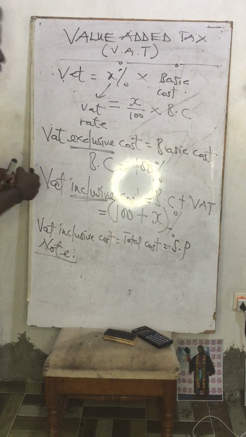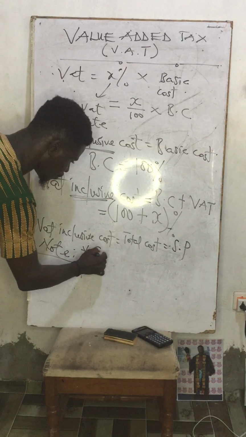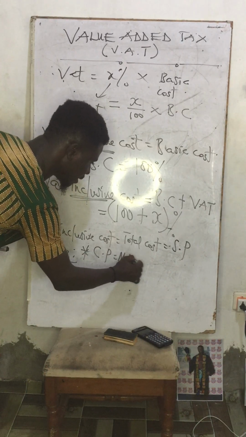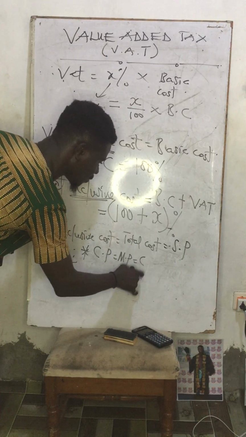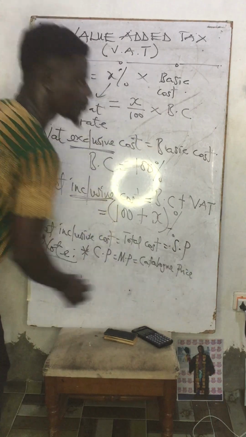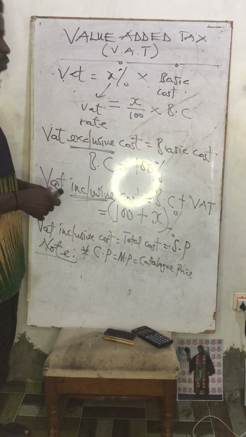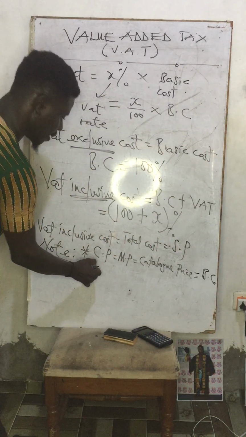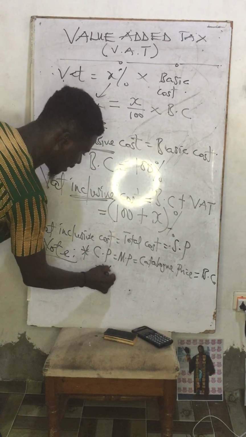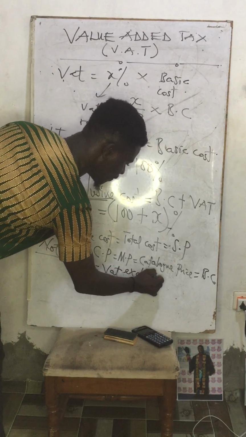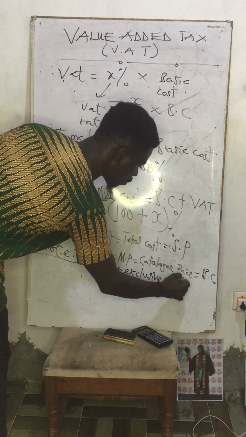The cost price is the same thing as the marked price, which is the same thing as the catalog price, which is the same thing as the basic cost. And this one is the same thing as the VAT exclusive cost.